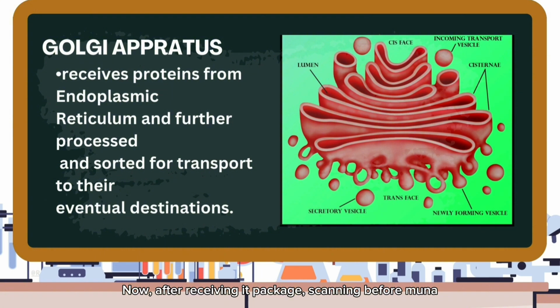Now, after receiving the package, scanning first, the Golgi apparatus will look if there is a defect in the proteins, then they will be packaged and transported to various destinations such as lysosomes, the plasma membrane, or secretion. So they also take part in transporting lipids and the formation of the lysosome.